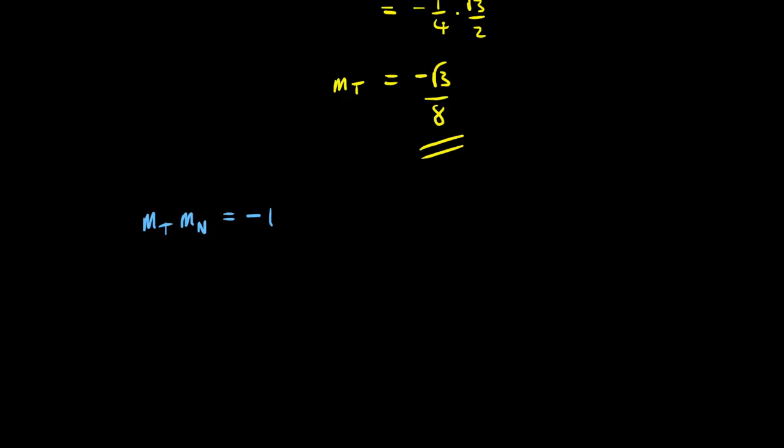So what will be the gradient of our normal? The gradient of our normal will be equal to -1 divided by minus root 3 over 8. And that will simplify to give 8 over root 3. So that's going to be the gradient of our normal.